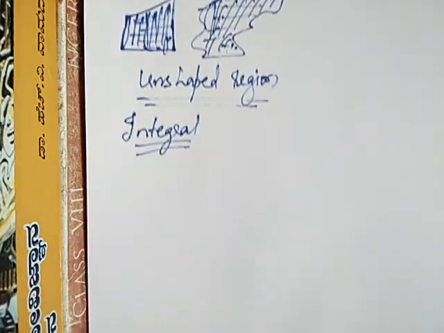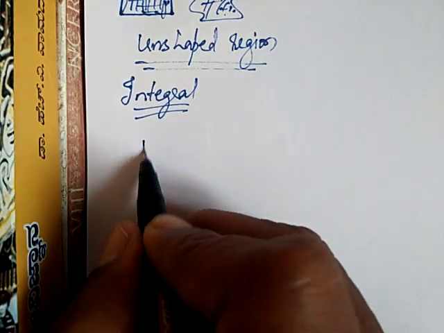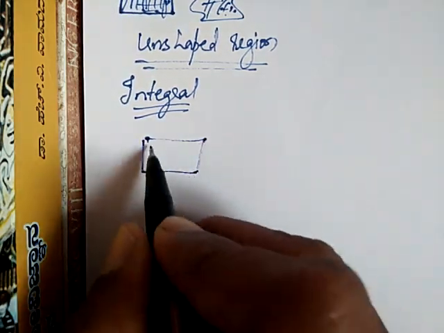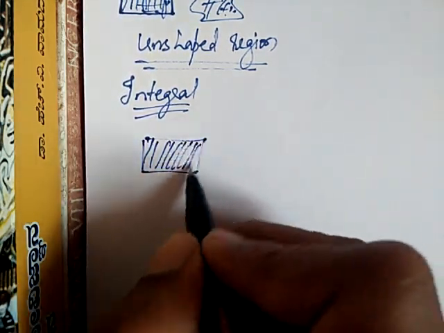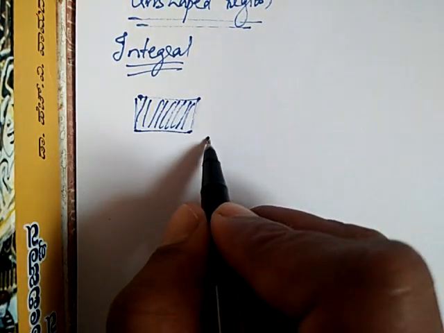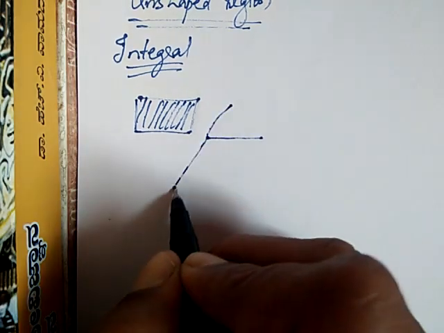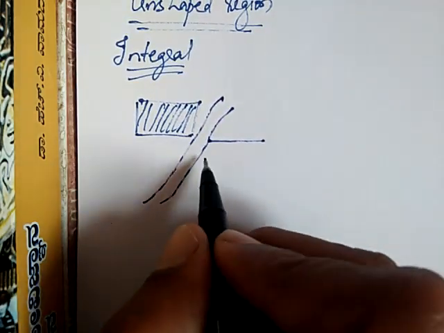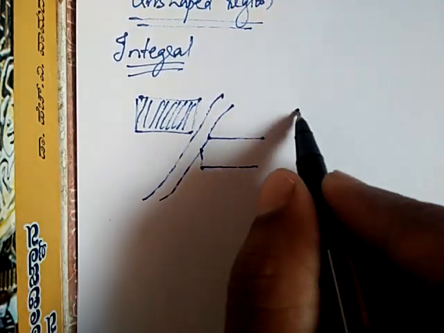Okay, so for example, think that there is a rectangle, and you can find the area of this rectangle very easily by using the formula. Suppose for example a river is moving from here to here through the rectangle, like this.